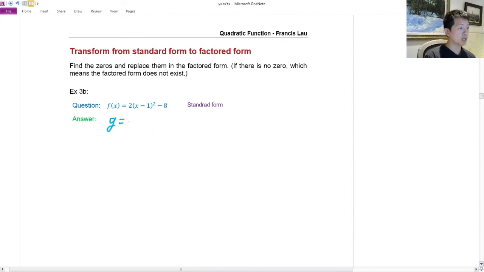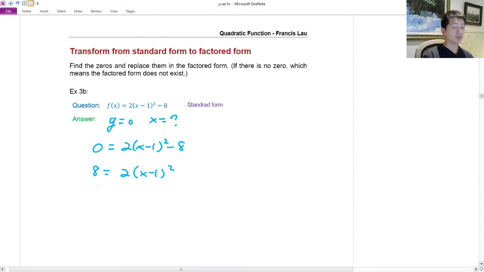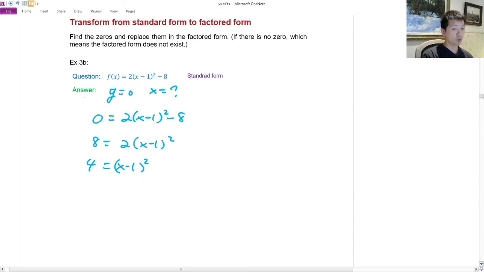To find the zero, y equals 0 and x equals the value that we want to find, so we have to set it equal to 0 and try to isolate the x. So I'll put the minus 8 on the other side, so it becomes 8 equals 2(x minus 1) squared. Divided by 2, it's going to be 4 equals (x minus 1) squared. Now at this point, I have to take the square root.